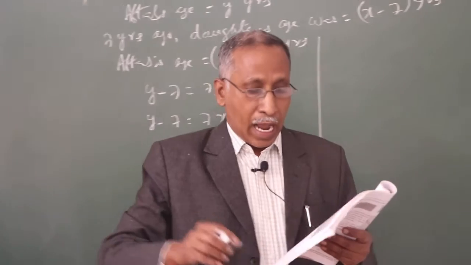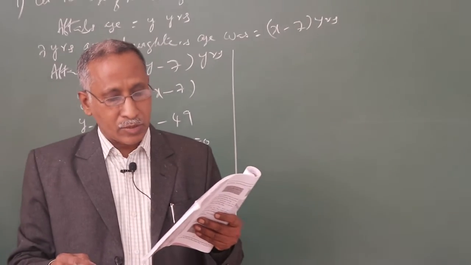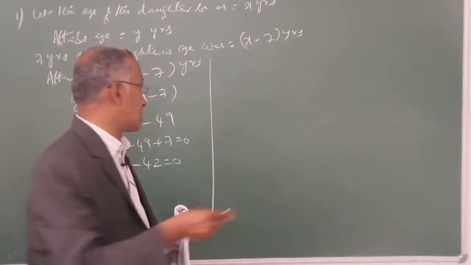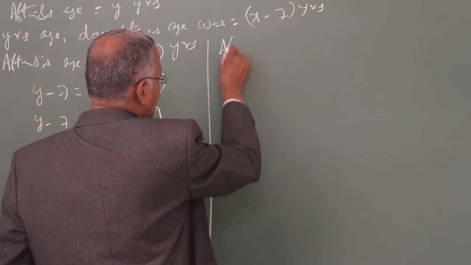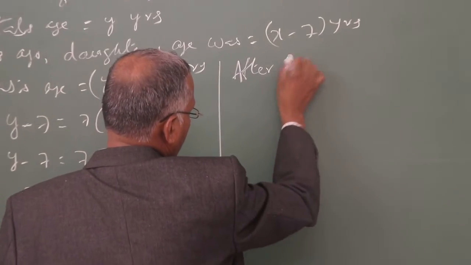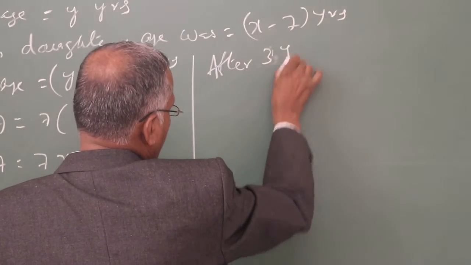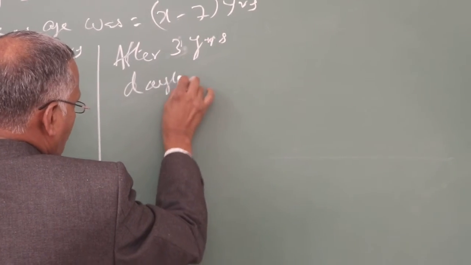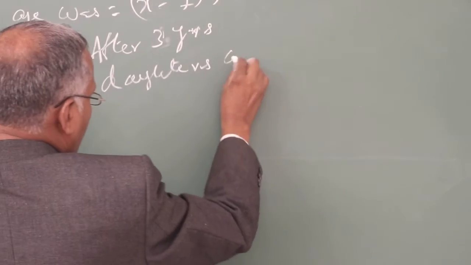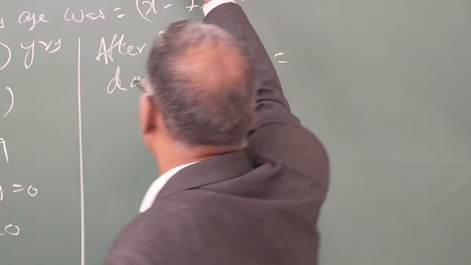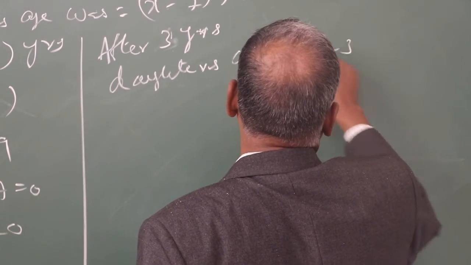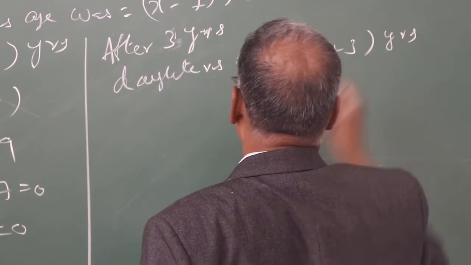Next, I shall be 3 times as old as you will be when? After 3 years. After 3 years, daughter's age becomes how much? Present age, we have taken as x years. After 3 years, she will be x plus 3 years old.